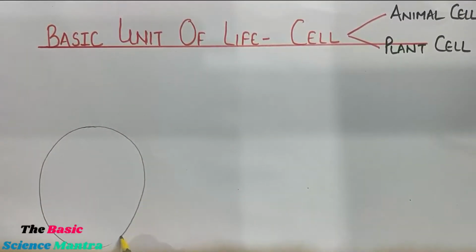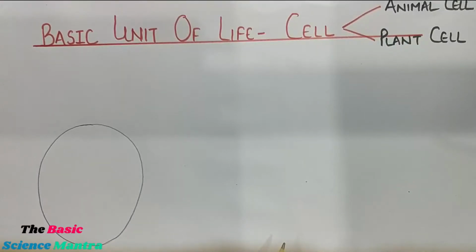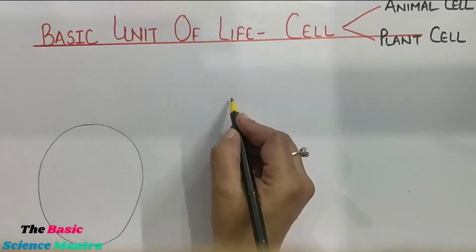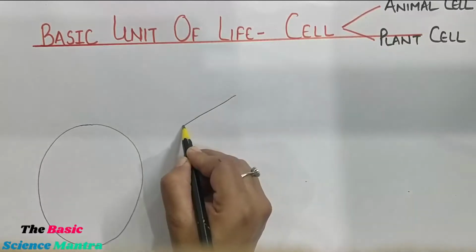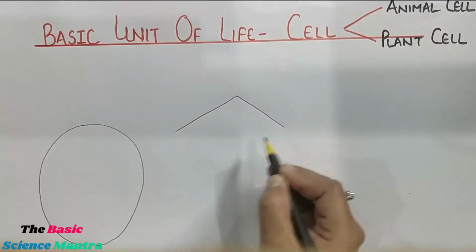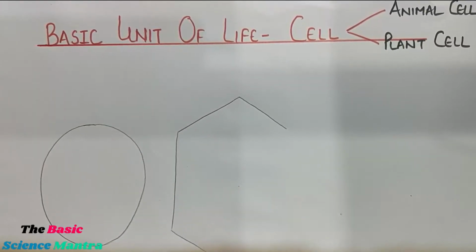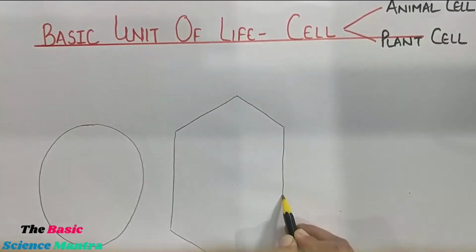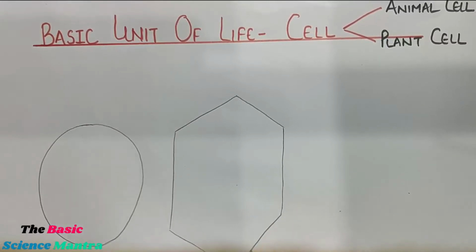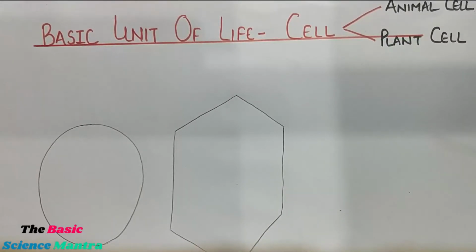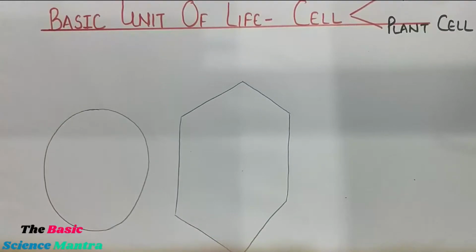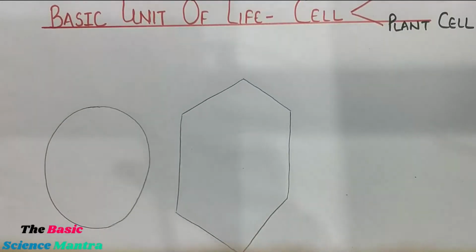Animal cells are normally oval in shape. Plant cells are normally hexagonal in shape.